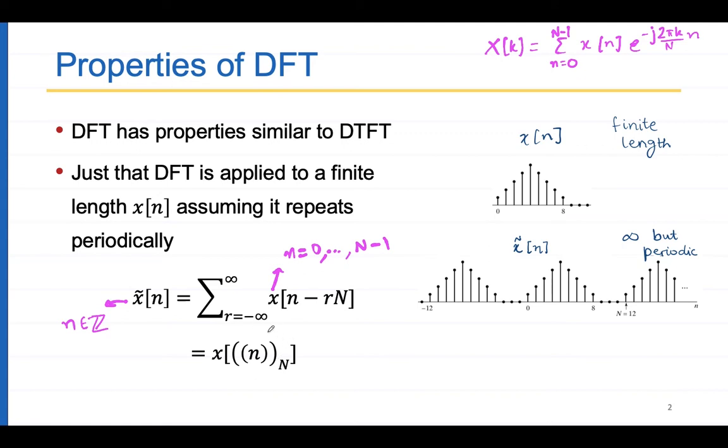And you can equivalently write it like this: x tilde n is x of n modulo capital N. So it is very important that I am concerned only with the values of x[n] in the interval n lying between 0 to N minus 1. And if n lies outside this interval, you take a modulo and bring it back to that interval.